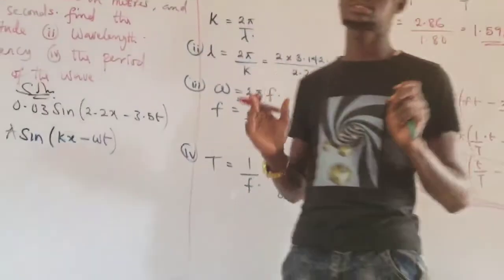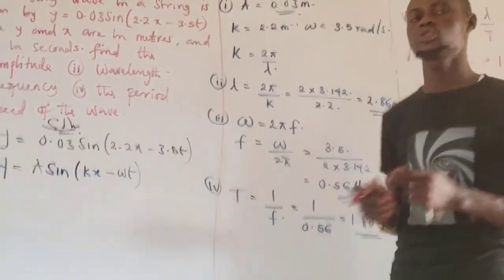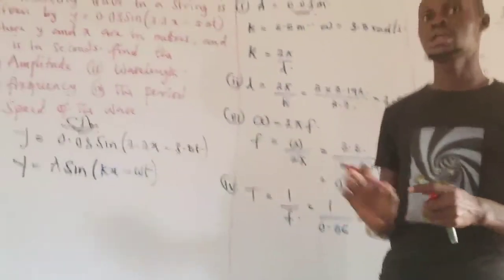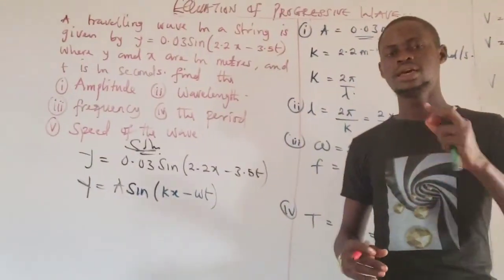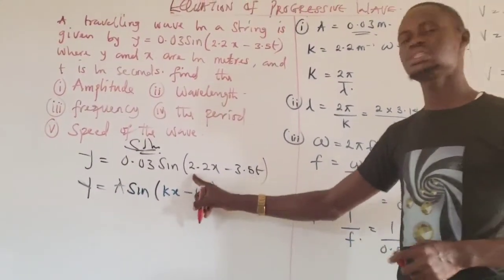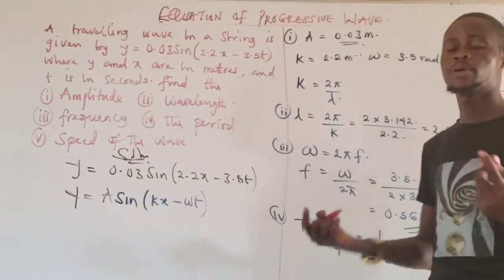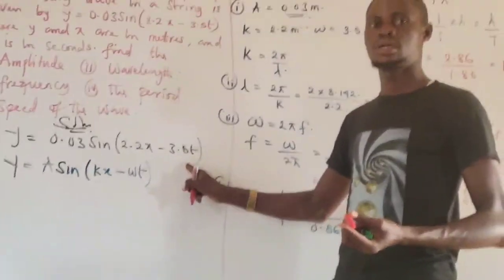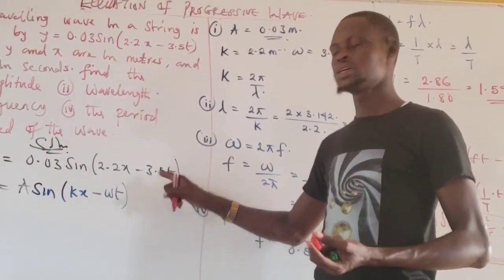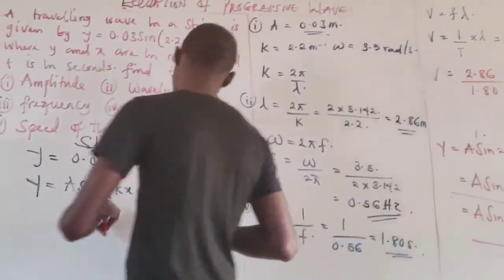I'm sure that this is well explained to you, that you really understand what is there. Now, all questions can be solved the same way. If you are given another equation that is different, sometimes you might be given an equation whereby I'll be having t first before x. That means here will be t, while here will be x. The only thing you need to do is to rewrite this equation.